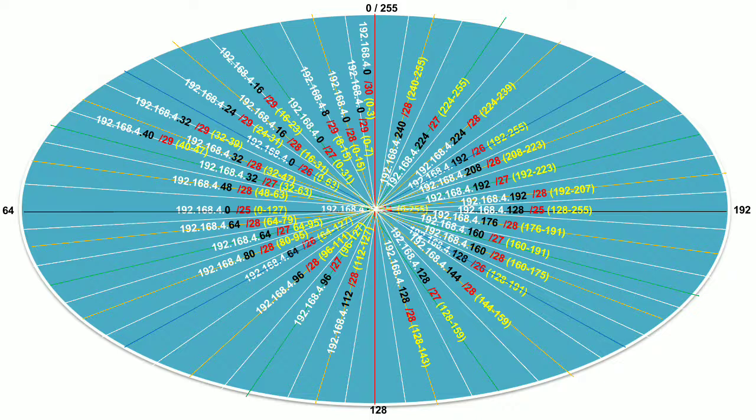So the first IP address or the subnet ID would be the same one, but this time with /30 notation, and its broadcast IP address would be 4.3, and the 2 IP addresses, that is 4.1 and 4.2, can be used to connect 2 devices point to point.